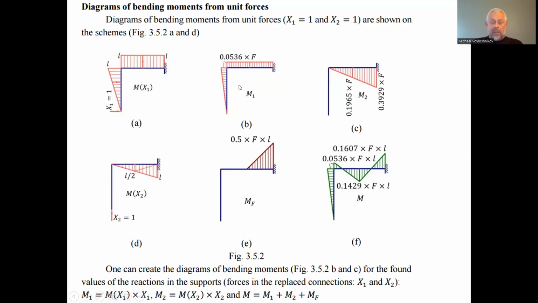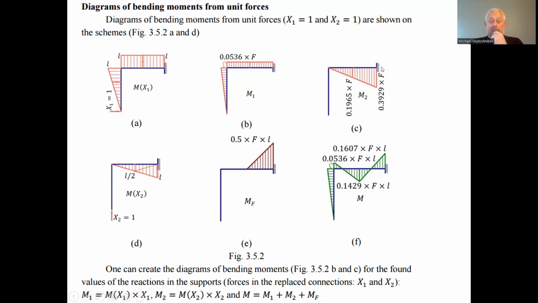So we can add all three diagrams in the projection connection. For the first segment, the diagram of the external force we had beforehand when determining the free terms of the canonical equations of the force method. So here, only this part is not zero. We put it here for the first segment of the mechanical system.